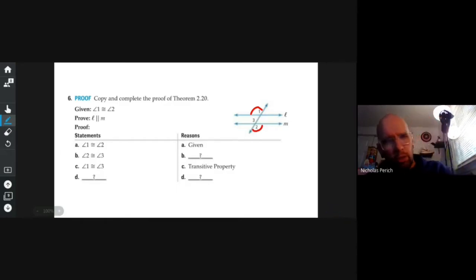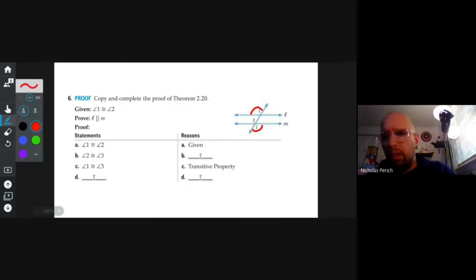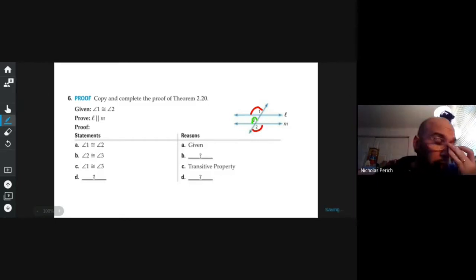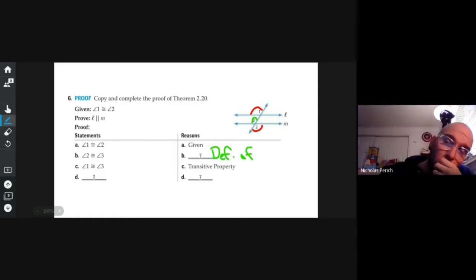This person says that 2 and 3 are congruent to each other also. What are 2 and 3 in relationship to each other? So I can say definition of vertical angles. Start with a V.